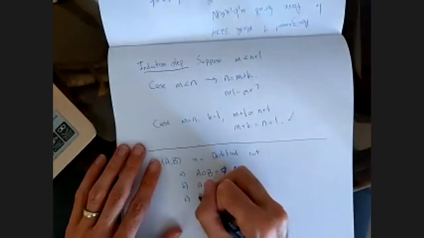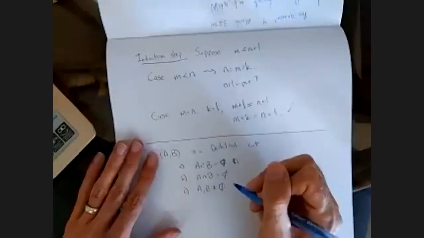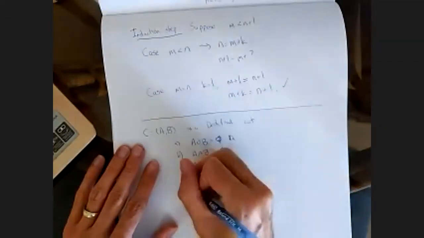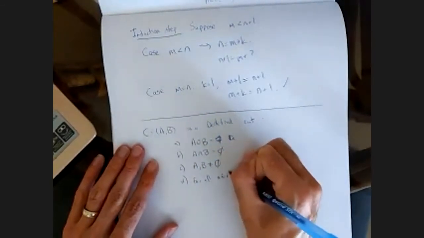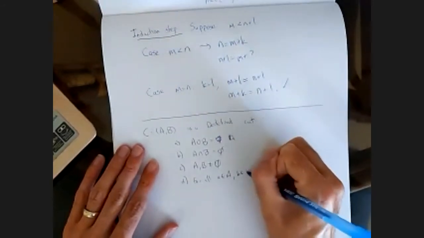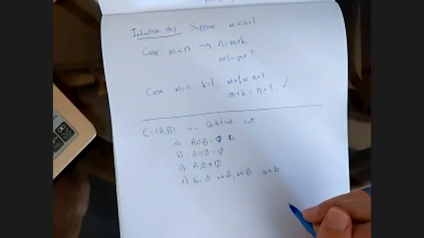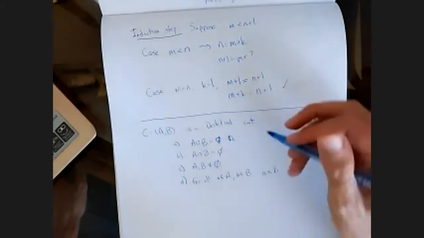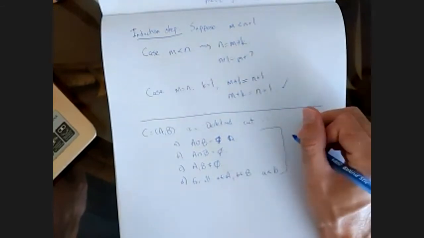A and B are non-empty. And then for all a in A and b in B, a is less than b. Okay. So far, if I have these four things together, what I have is a cut.